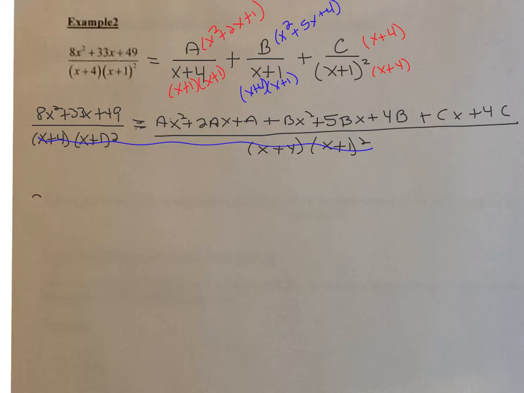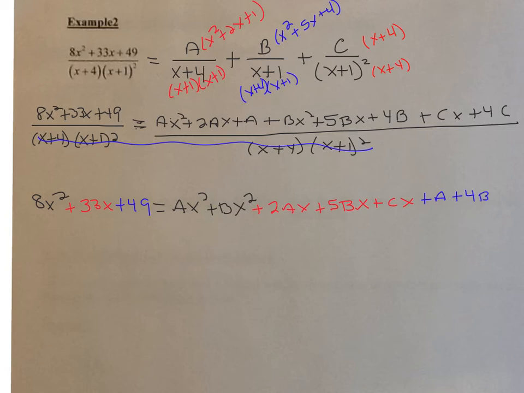So I have 8x² + 33x + 49 equals Ax² + Bx² + 2Ax + 5Bx + Cx + A + 4B + 4C.